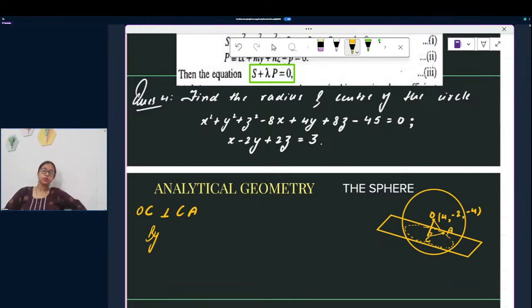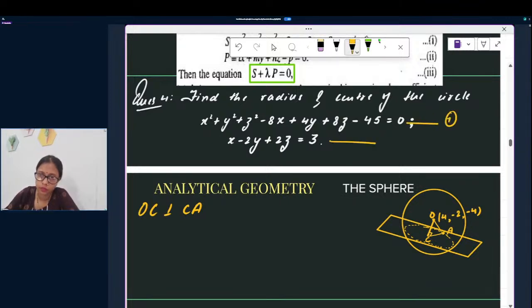How can we find the foot of the perpendicular? OC is perpendicular to CA. Let it be first, let it be second.